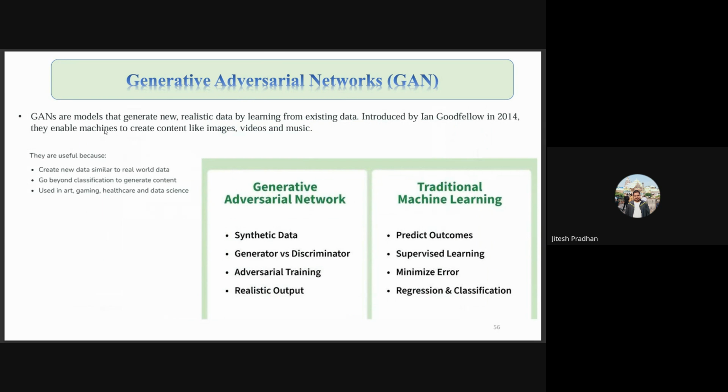It was introduced by Goodfellow in 2014. Basically, a generative adversarial network can create new data that is similar to real world data.